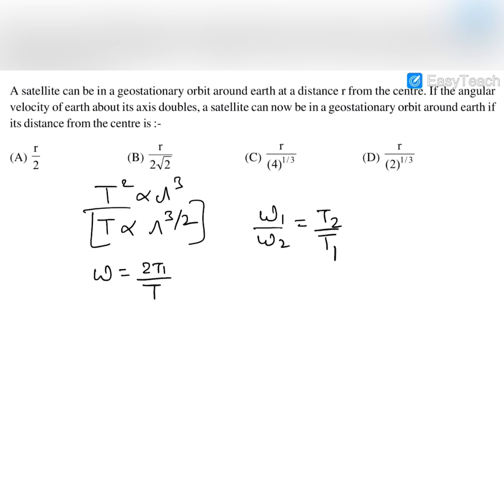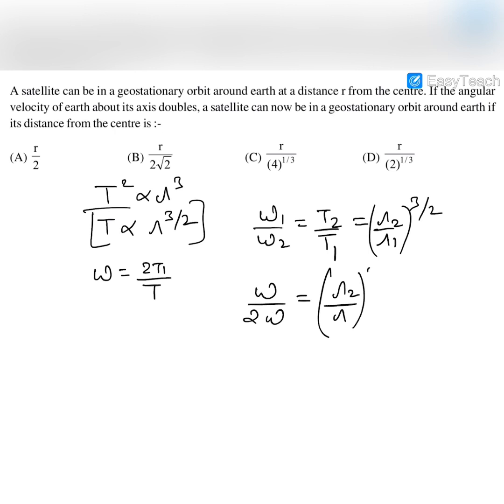So this is also equal to r2 by r1 to the power 3 by 2, and initially omega was omega and suddenly omega is doubled, so it is 2 omega. So this is r2 upon initially r, to the power 3 by 2.